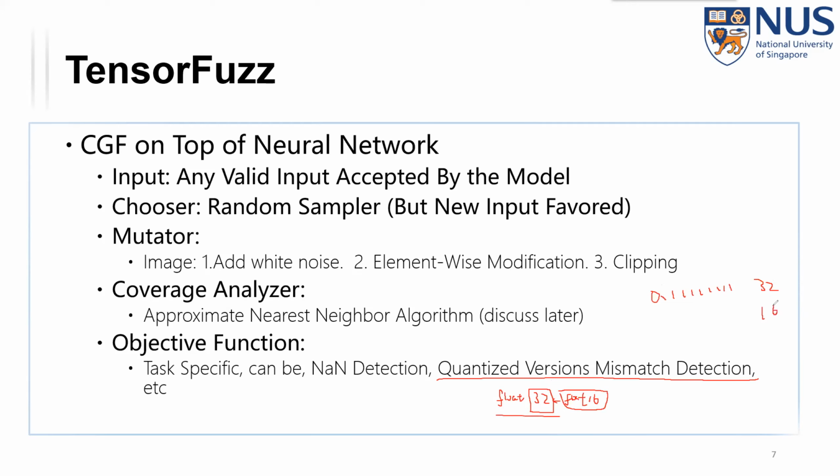But if we only use 16 bits to store it, we can only represent the number as 01111, for example. So ideally, there must exist some samples that make the two versions give different outputs, right? Because the number is not exactly the same. But it's usually hard to find.